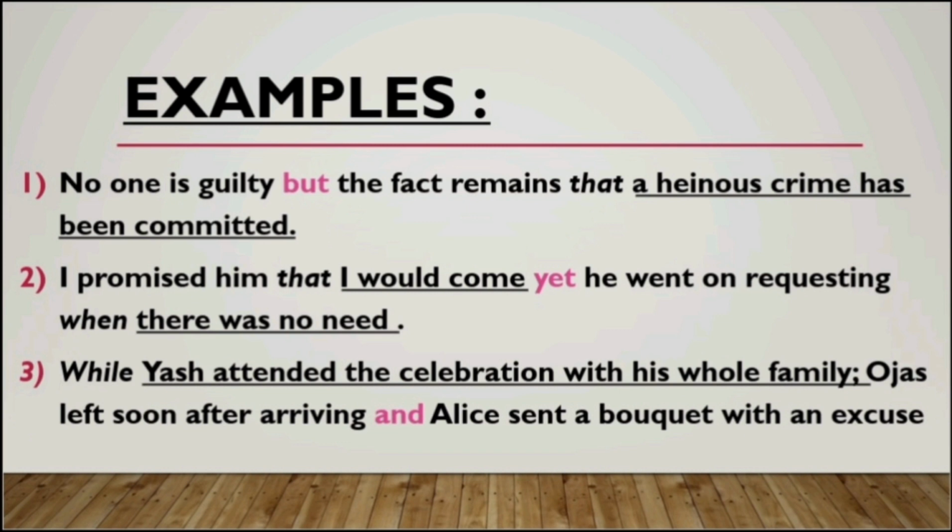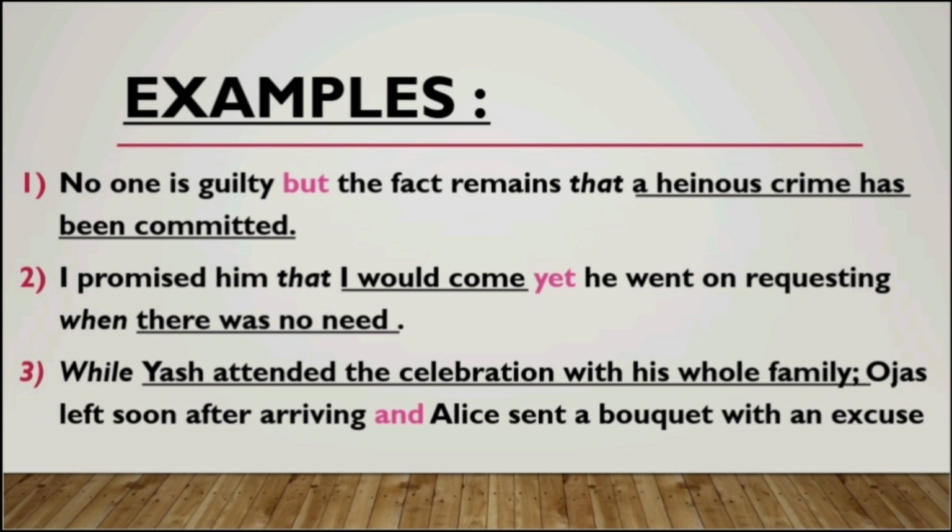While Yash attended the celebration with his whole family, Ojas left soon after arriving and Alice sent a bouquet with an excuse. While is a subordinating conjunction. Yash attended the celebration with his whole family is a dependent clause. Ojas left soon after arriving is an independent clause, and and is a coordinating conjunction.